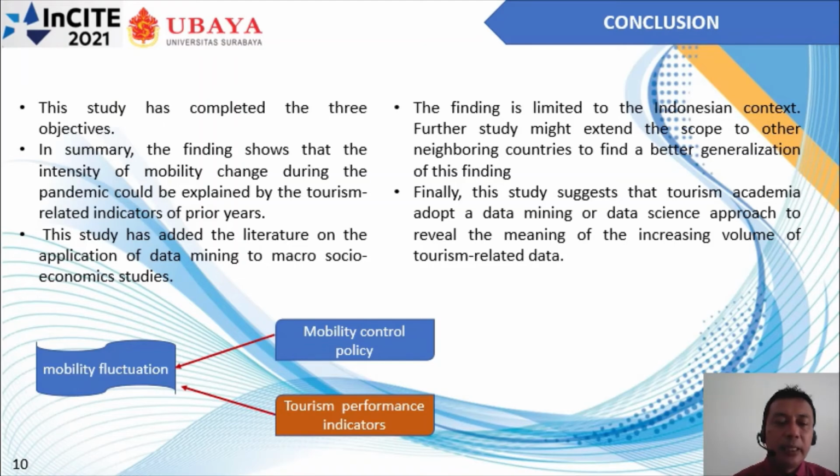The study shows that the intensity of mobility change during the pandemic could also be explained by the tourism-related indicators of previous years. The study has added to the literature on the application of data mining to macro socio-economic studies.